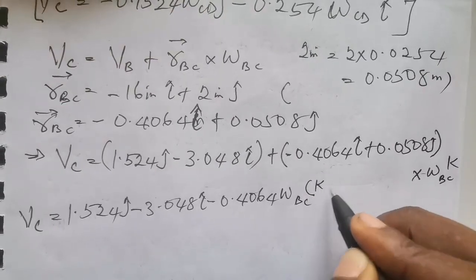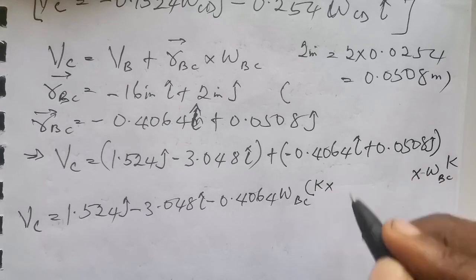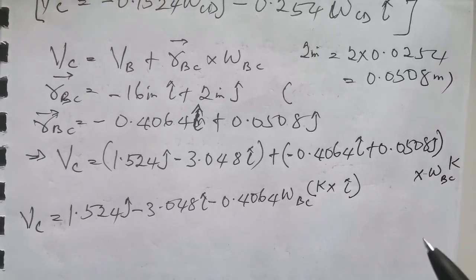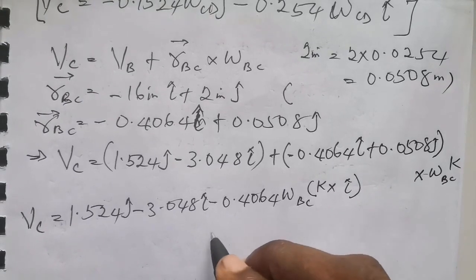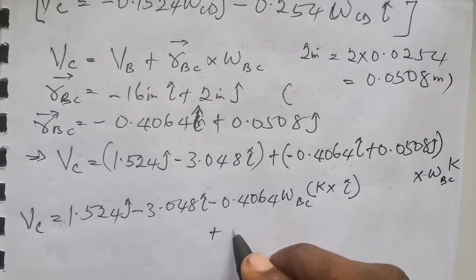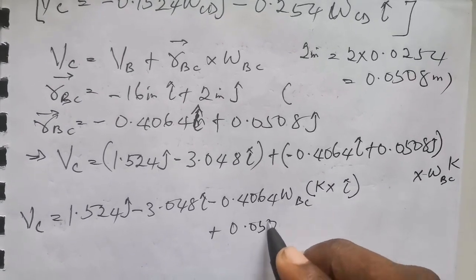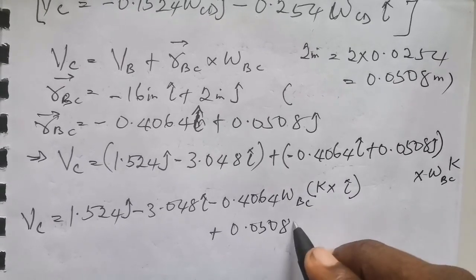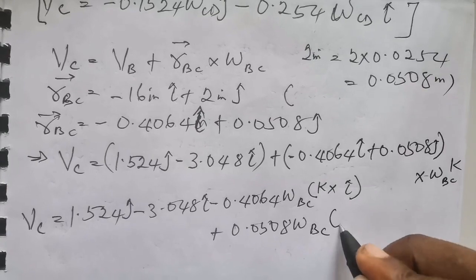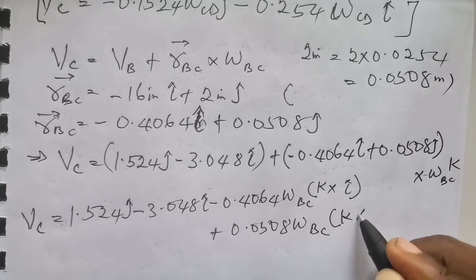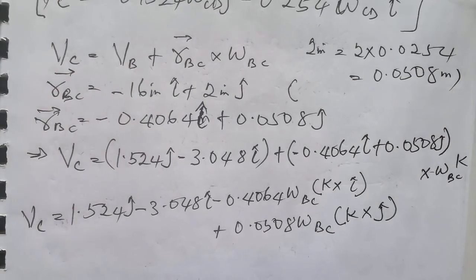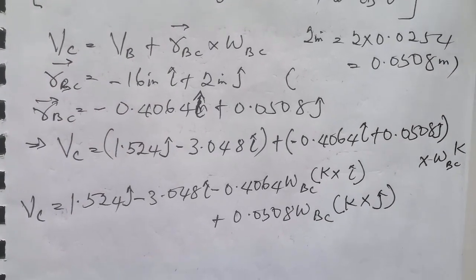So K cross I, this is in the I direction, you have this. Then we have plus 0.0508 in the J direction, multiply omega BC. So we cross their unit vectors. You have K cross the J direction, and you have this. So let's expand and see.